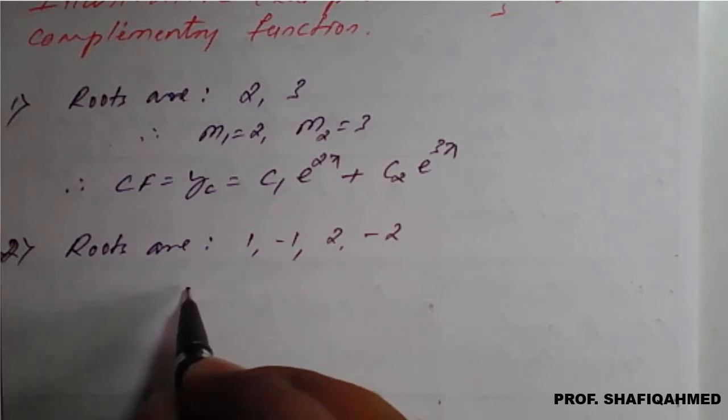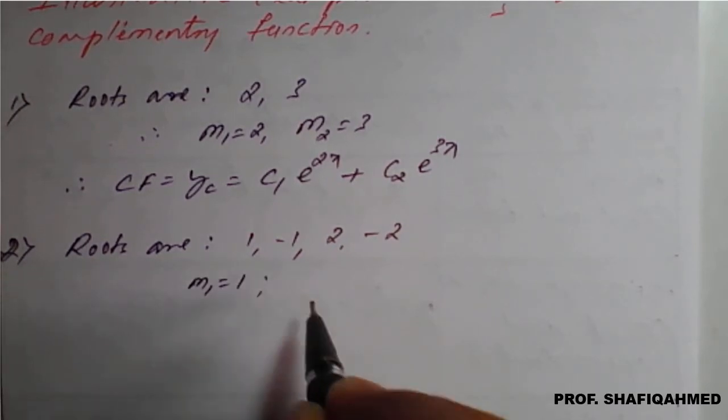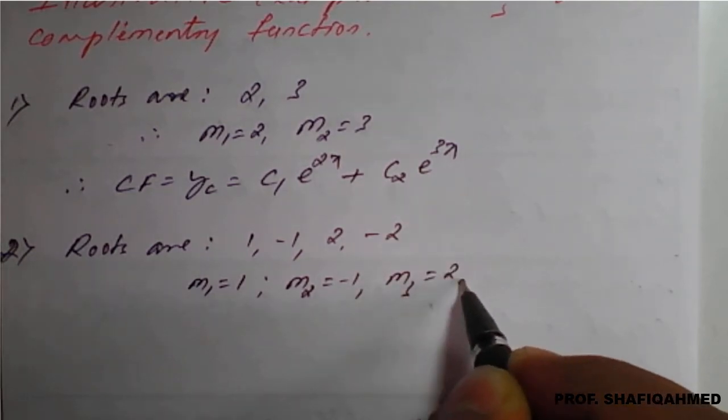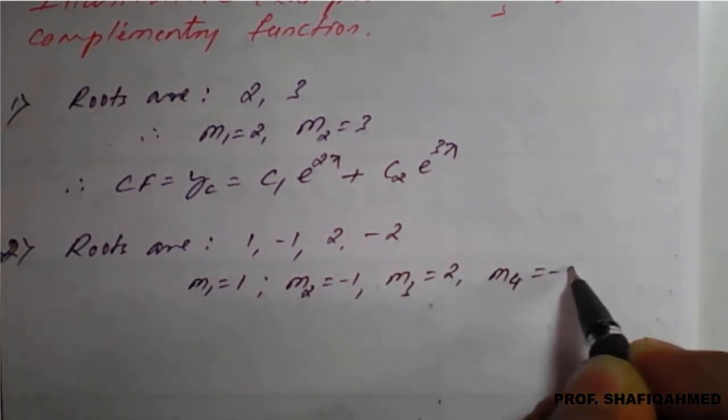Therefore I will consider m1 is 1, m2 is minus 1, m3 is 2, m4 is minus 2.